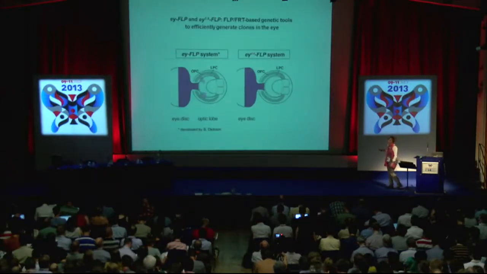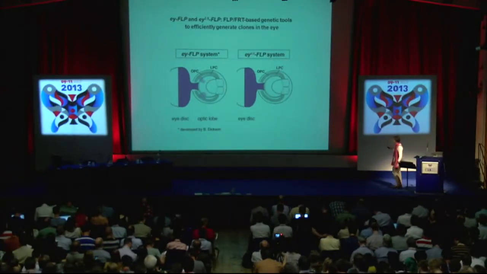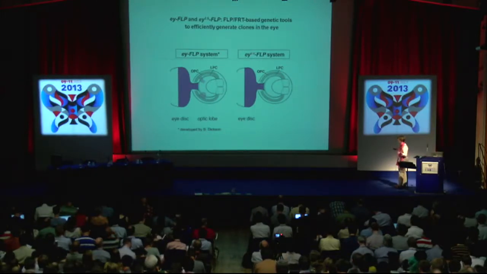And one of the things we typically do is we try to remove specifically our genes of interest using a recombination system. And this one is called the eyFLP system. The bottom line is what it allows us to do is to remove gene function from the eye, while the rest of the animal is heterozygous.